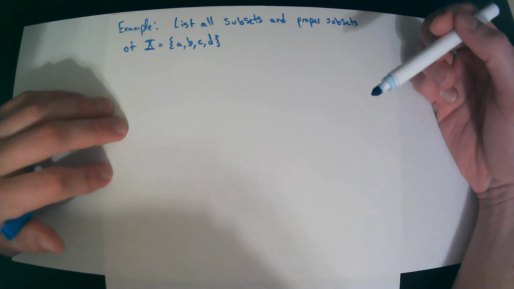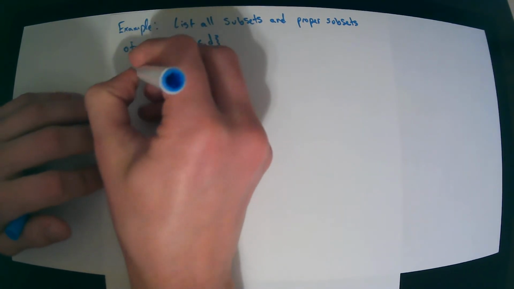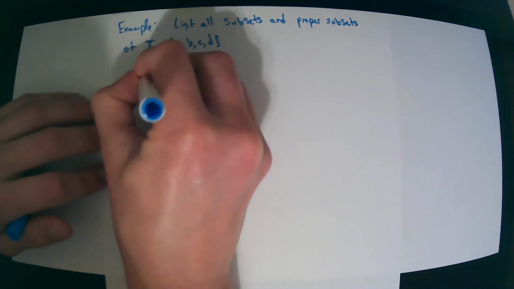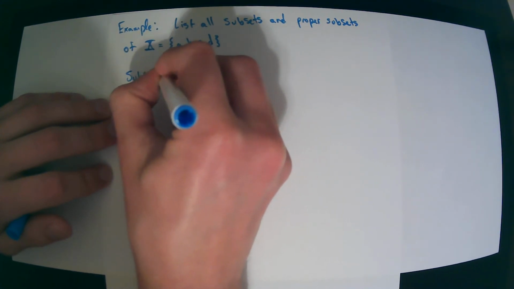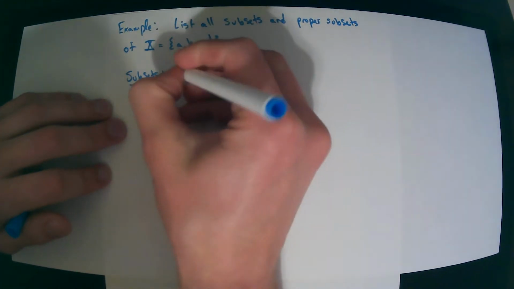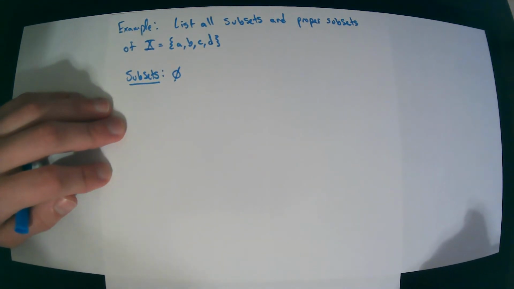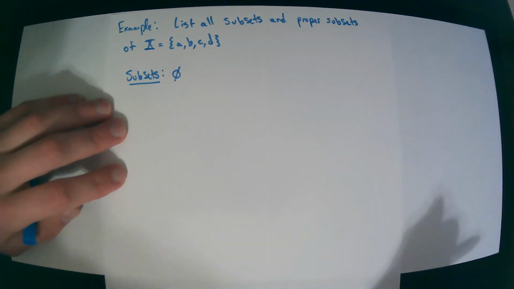Well, all the subsets, well, I know the empty set. Let's start with the smallest ones. The empty set is going to be a subset, right? It's a subset of every set.